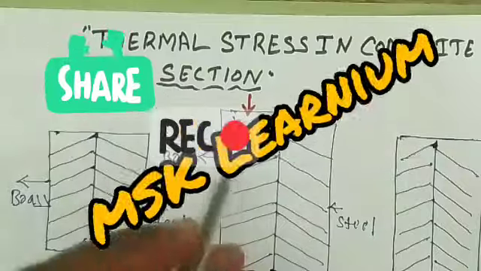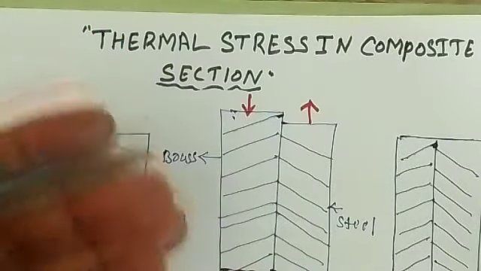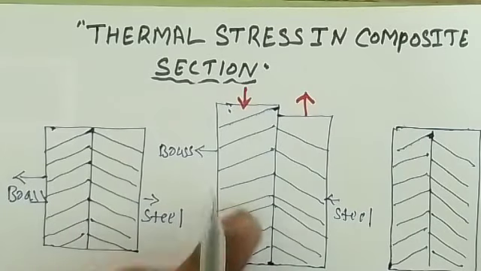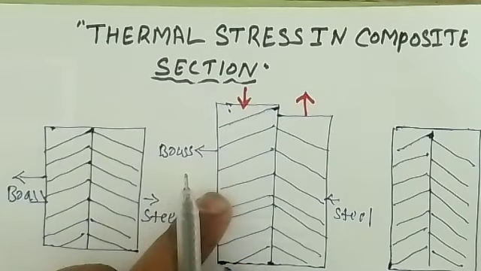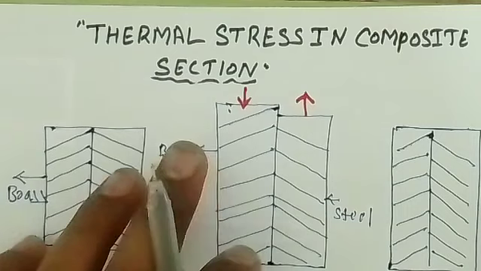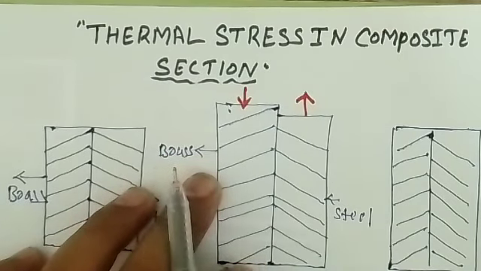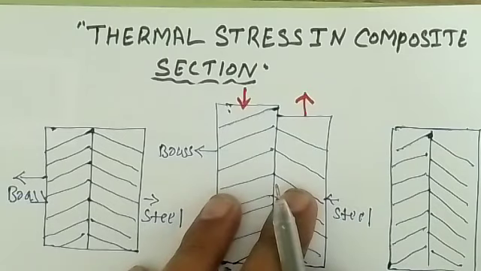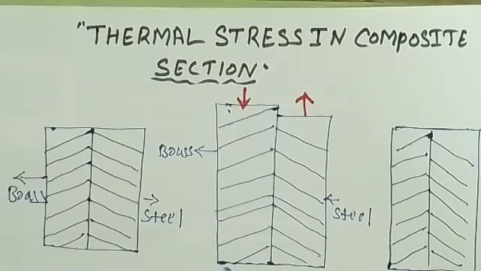Actual expansion is, first of all, because of the thermal expansion coefficient, the brass has expanded by itself because of the temperature rise, and also the steel has expanded by itself, because of their own material properties.